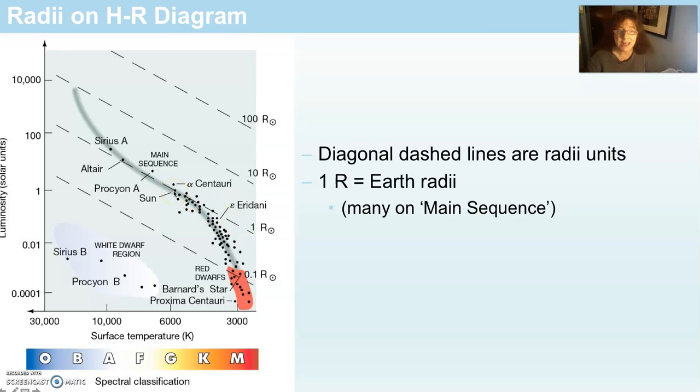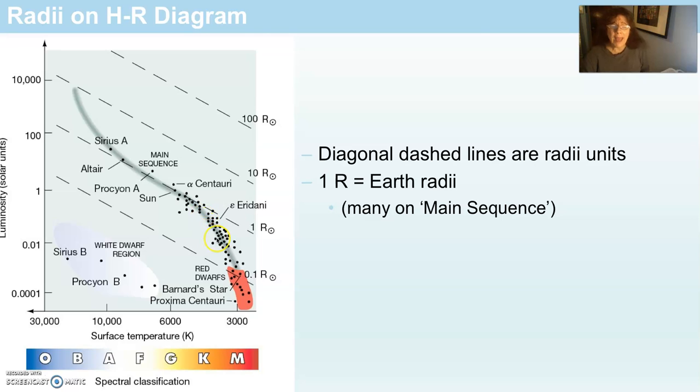So our sun here is right at the intersection of one radius, meaning the diameter of our sun is the standard by which all others are judged, and the luminosity of our sun is the standard by which all other stars are judged as well.